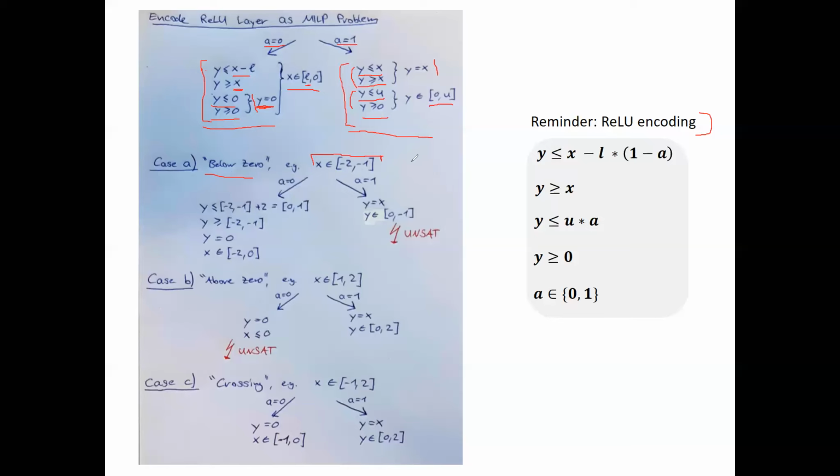If x is strictly negative in some range, then if we instantiate the case a equal to 0 and we copy our equations, we know that y is equal to 0, because that's what the ReLU does.